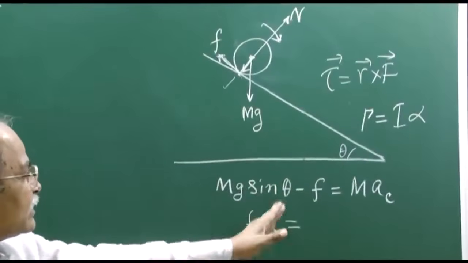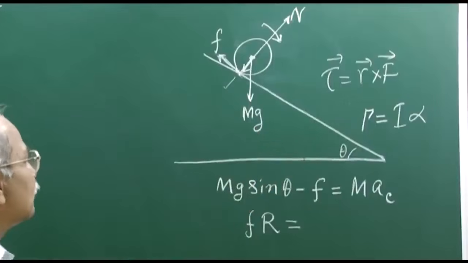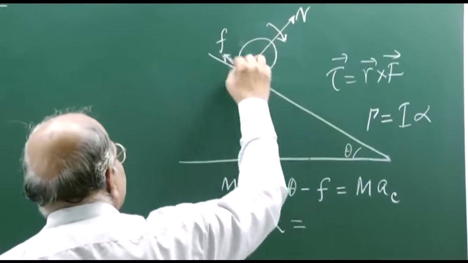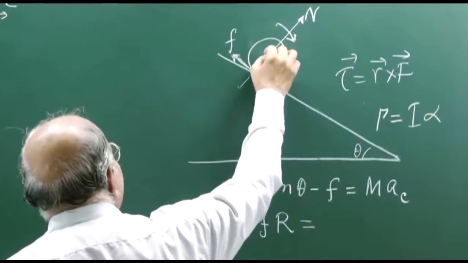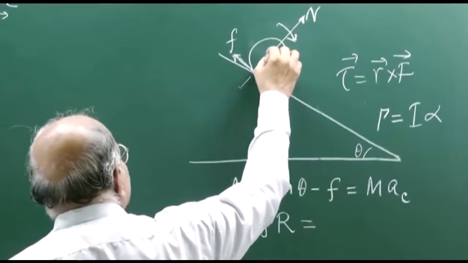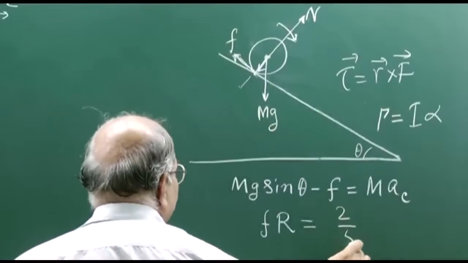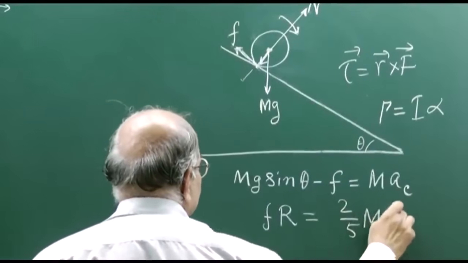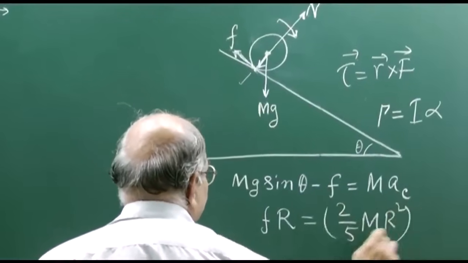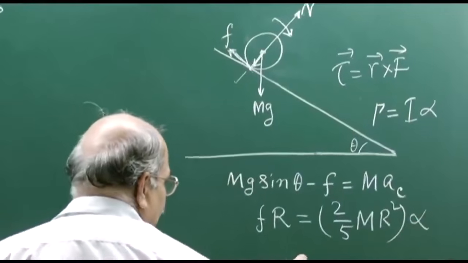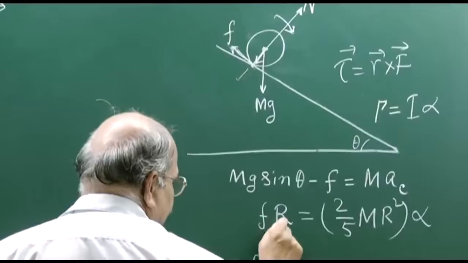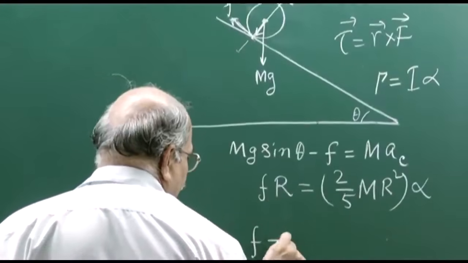The moment of inertia of this spherical ball about this diameter will be 2 by 5 m r square. So, that is the moment of inertia times the angular acceleration. And you can cancel one r from both sides.